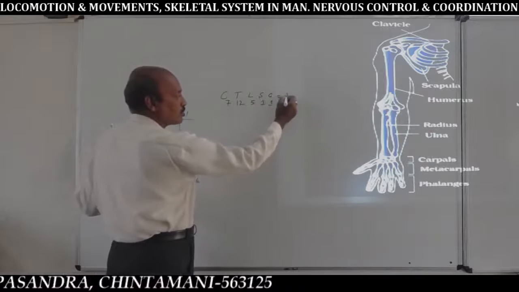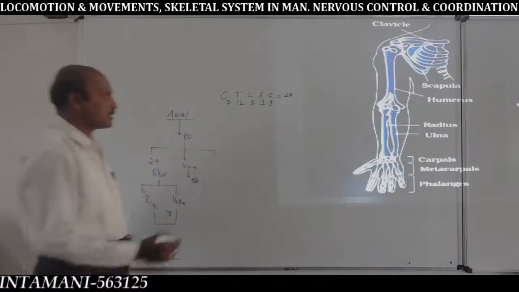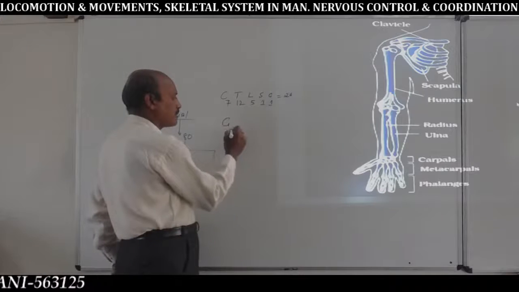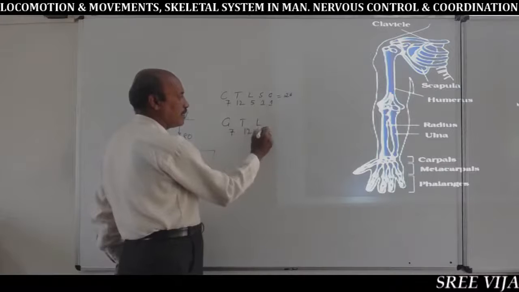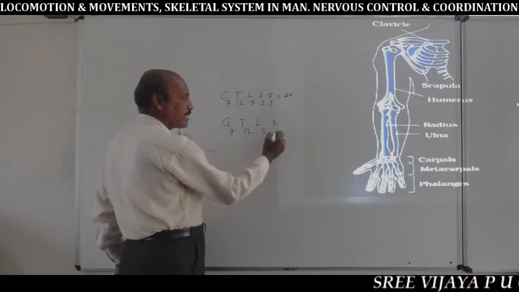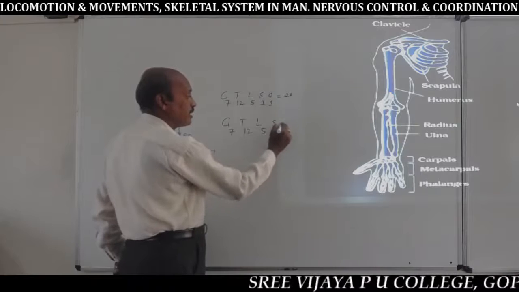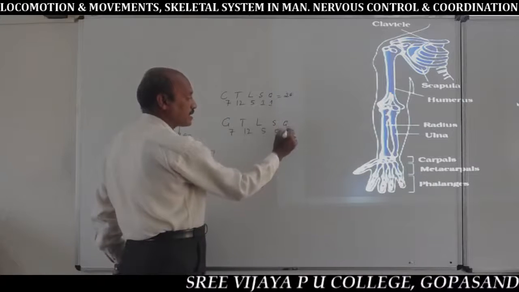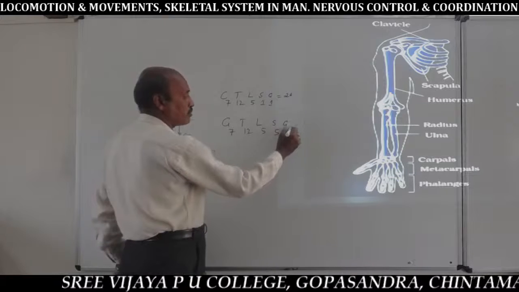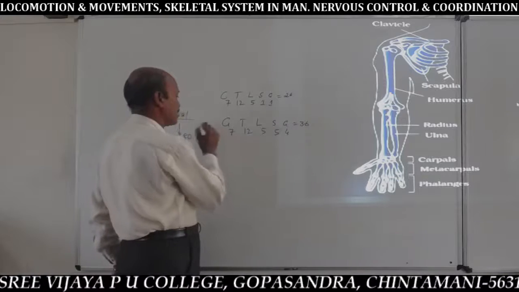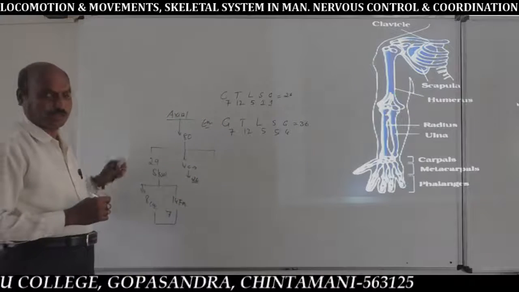In adults, the total equals 26. Whereas in the embryo, cervical 7, thoracic 12, lumbar 5, sacral 5, and coccygeal 4, totaling 36 in the embryo. They are the vertebral column bones.